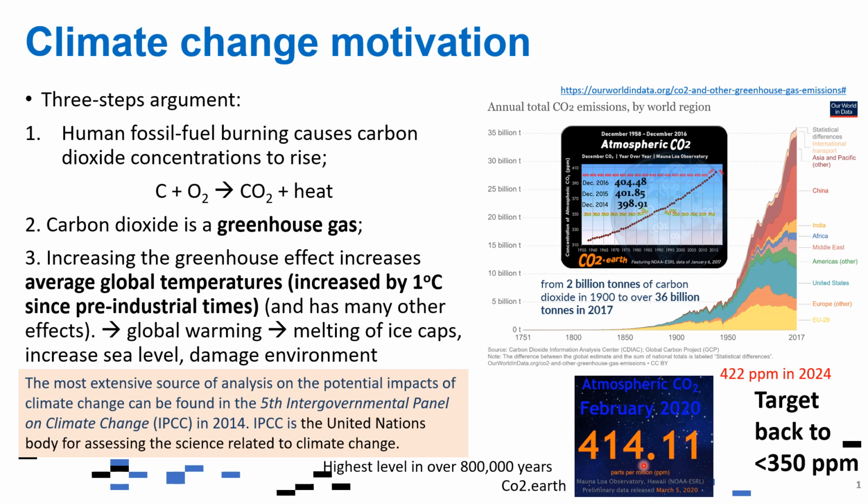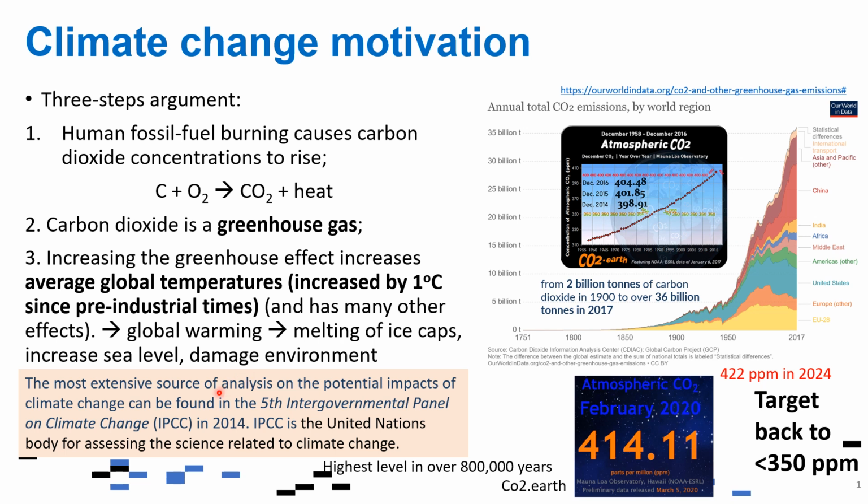That's quite very high now, and we're trying to target back below 350 ppm or much lower. So that's why we have a lot of different policies and approaches to reverse the amount of CO2 concentration in our atmosphere.